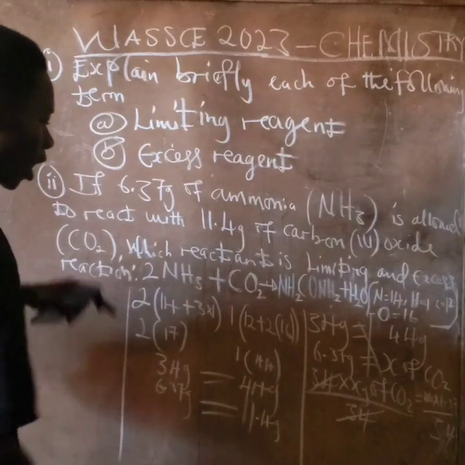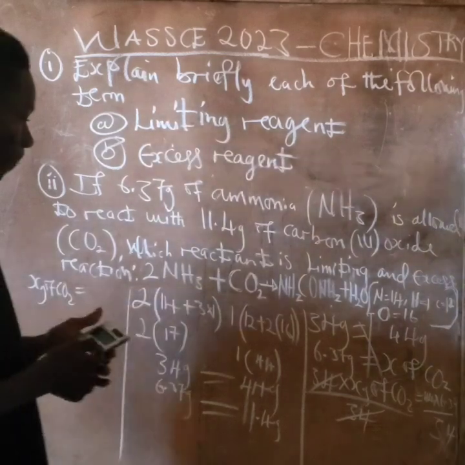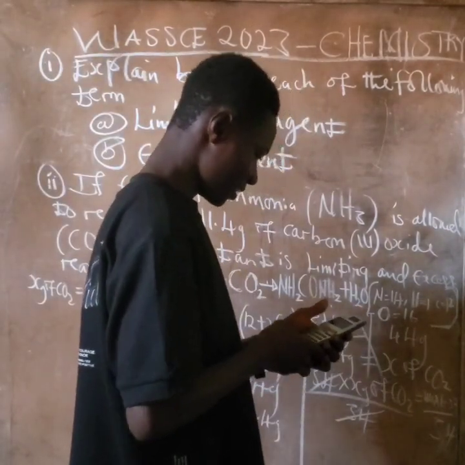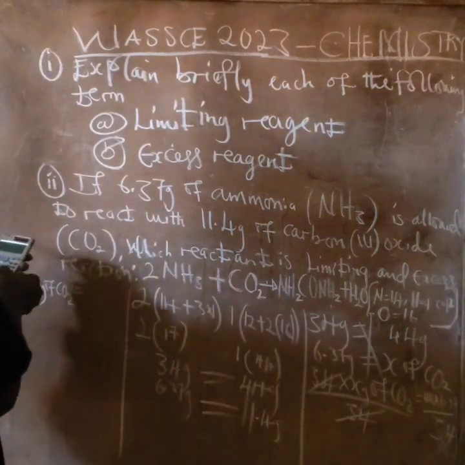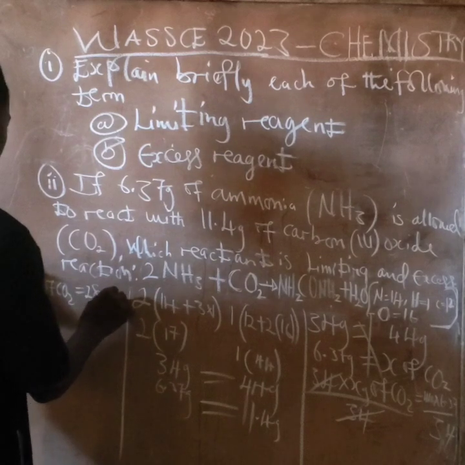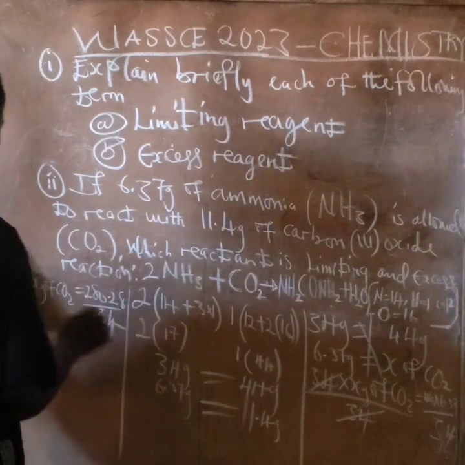So now I'll be having x gram of carbon 4 oxide equal to 44 multiplied by 6.37 gram, which gives me 280.28, all divided by 34.